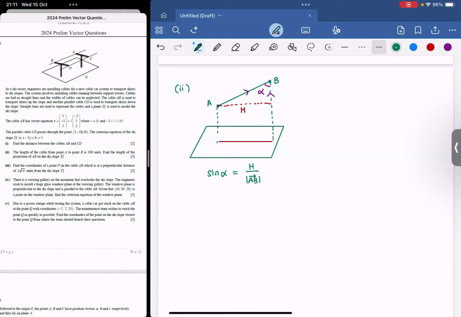And what is sine alpha? Sine alpha is the direction vector of the line AB cross the normal vector of the plane, which is 1, -2, 3, over the length of AB and the length of the normal vector.